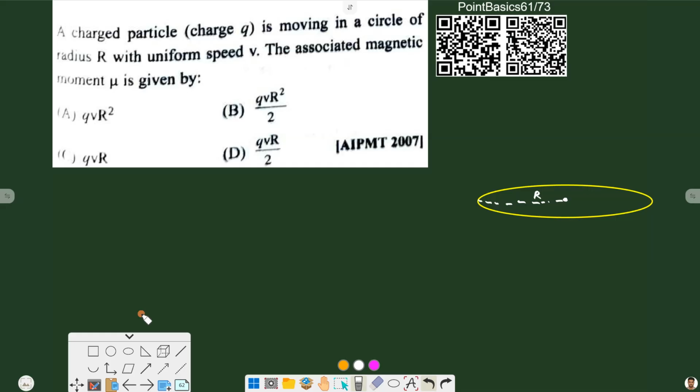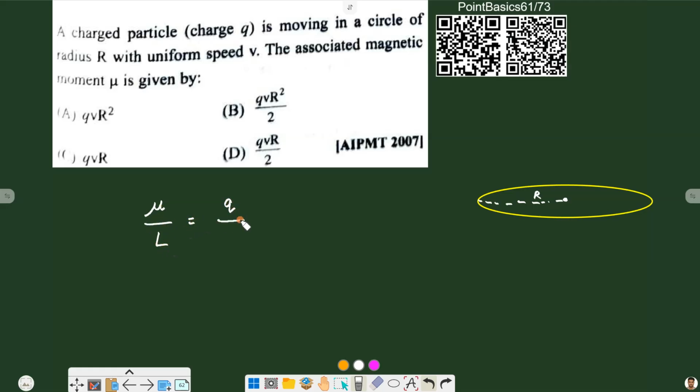We can directly use the formula for gyromagnetic ratio: magnetic moment divided by angular momentum is equal to charge by twice the mass. This formula is constant for every charged particle with its respective ratio of charge and mass.